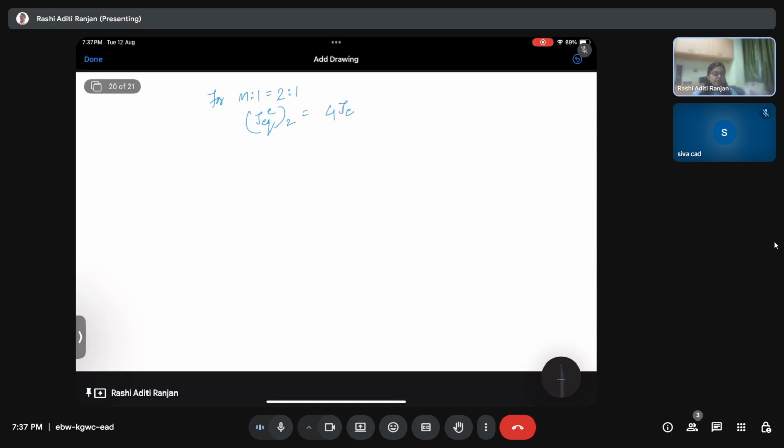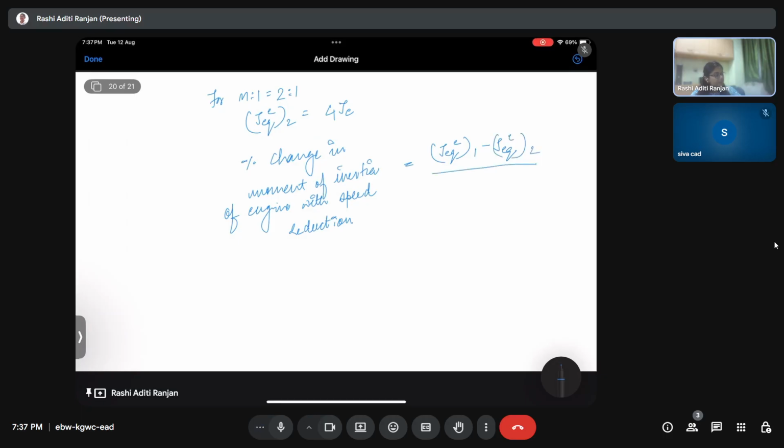Now if you want to find out the percentage change, it should be defined as the percentage change in moment of inertia of the engine with speed reduction, which equals (J equivalent E1 minus J equivalent E2) divided by J equivalent E1, into 100.